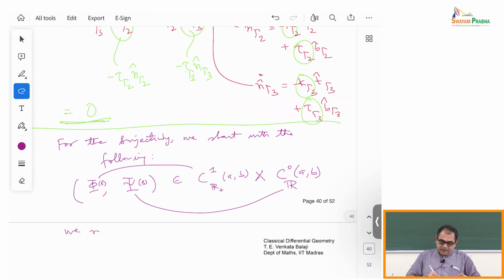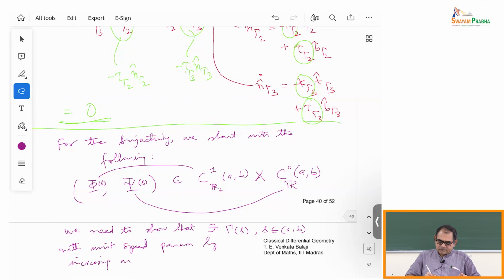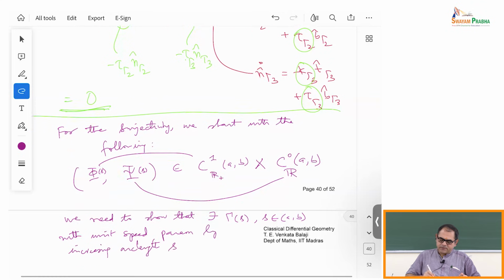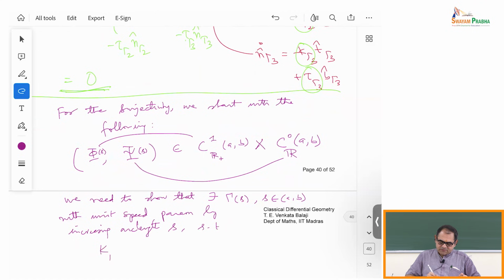We need to show that there exists a gamma of s on [a,b] with unit speed parameterization by increasing arc length s, such that the curvature of this gamma is exactly your capital phi of s, and the torsion of this gamma is exactly given by psi of s.